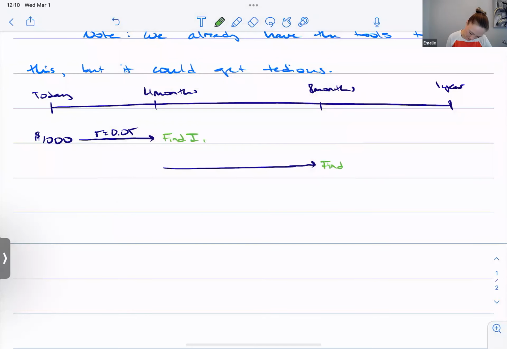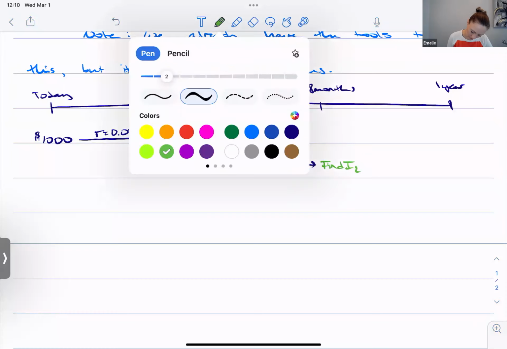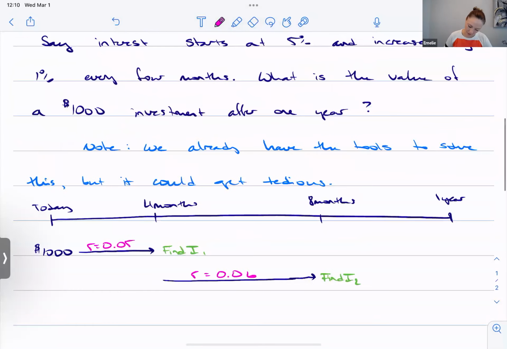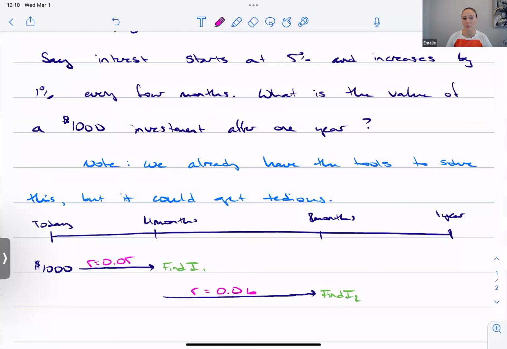And we can find I2. For 4 months it was at a rate of 6%. Maybe I should make these a little bit brighter. Rate of 0.05, and here the rate of 0.06, so it increases by 1% every 4 months.